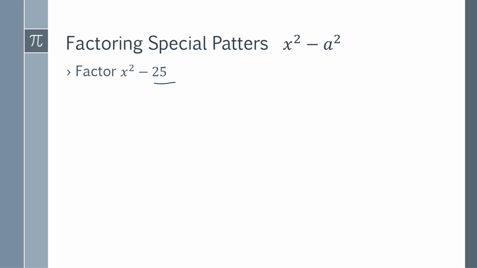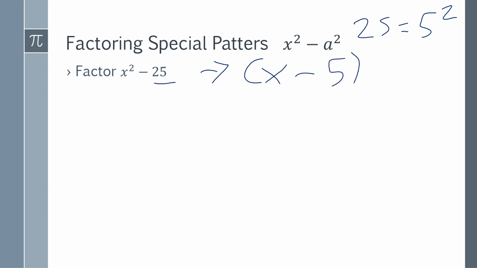What do we know about 25 in relation to a square? 25 is equal to 5 squared. So with that being said, and also that x squared, when you got a situation like this, you just write it as x minus 5. And then you take its opposite, x plus 5.